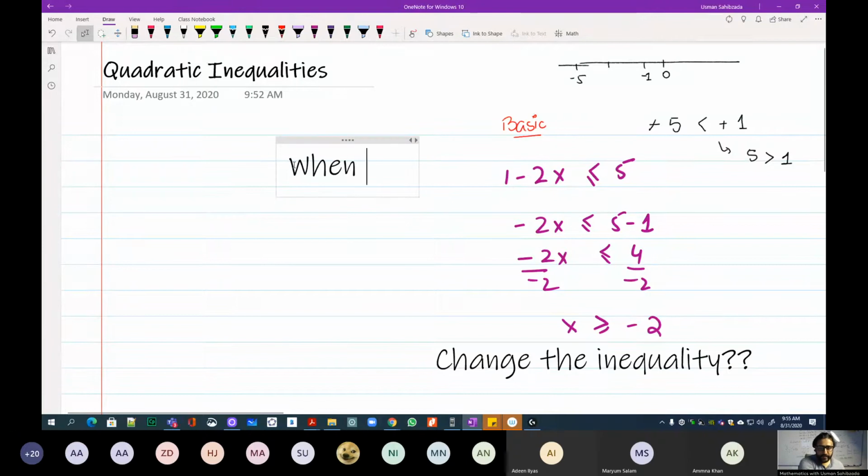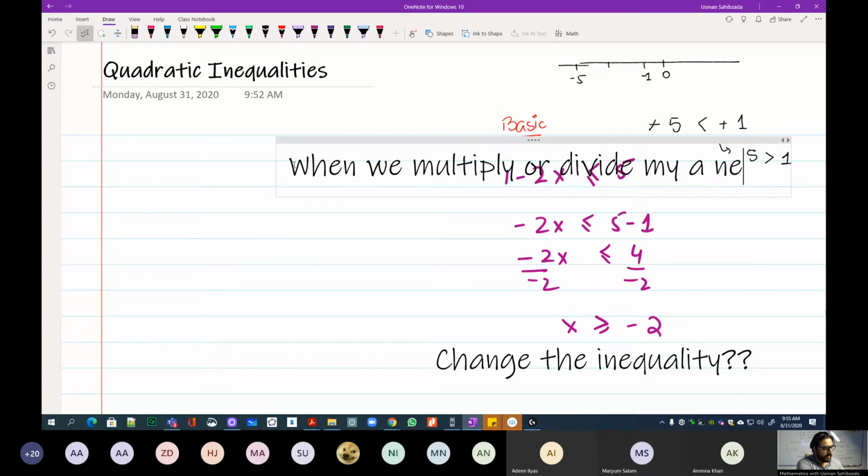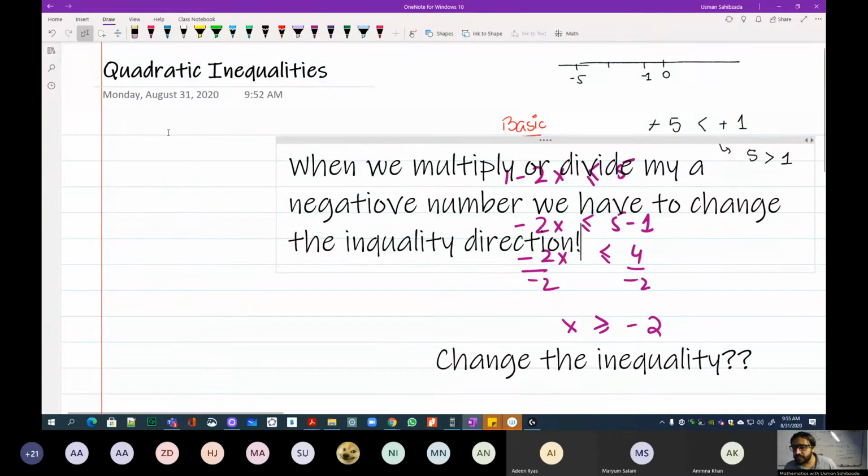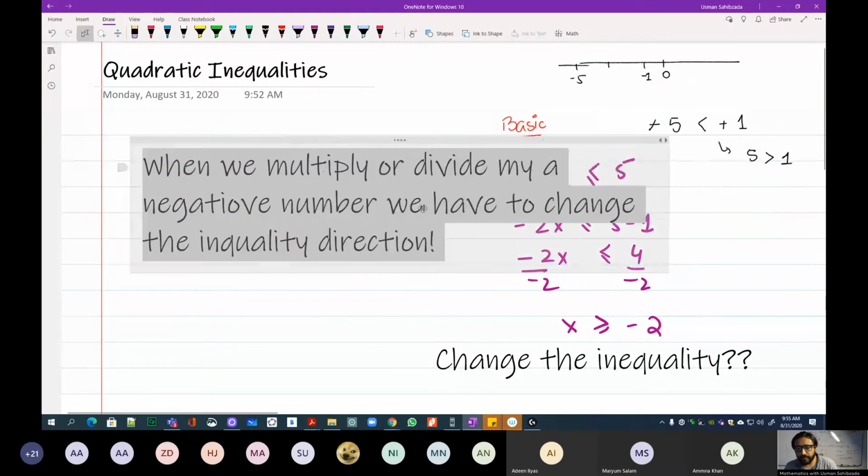So when we multiply or divide by a negative number, we have to change the inequality direction. So this is very important for us.